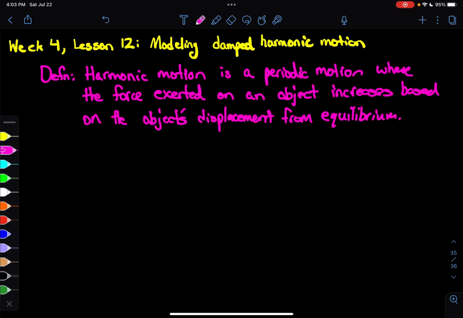Okay, so this type of motion is just a type of periodic motion.